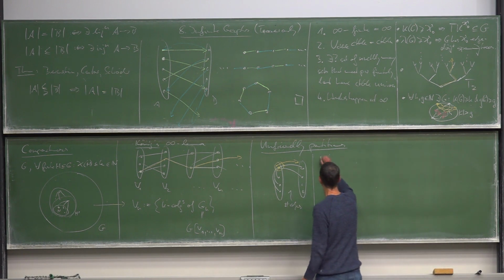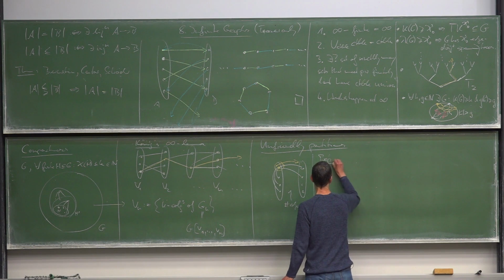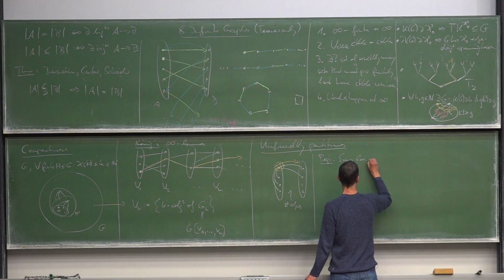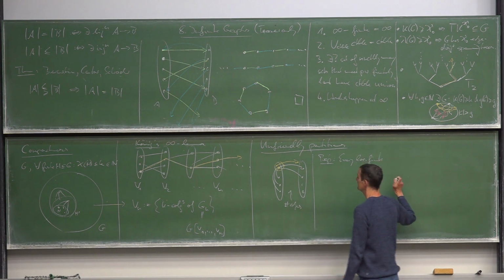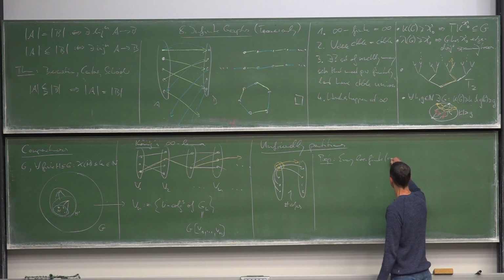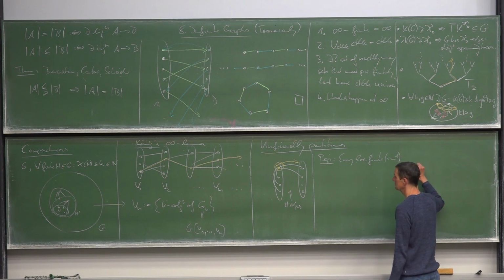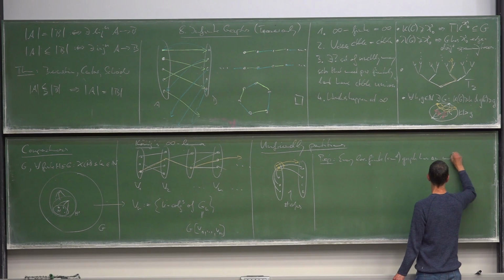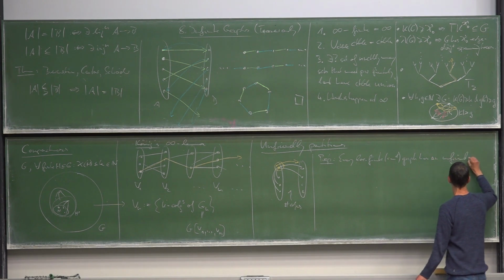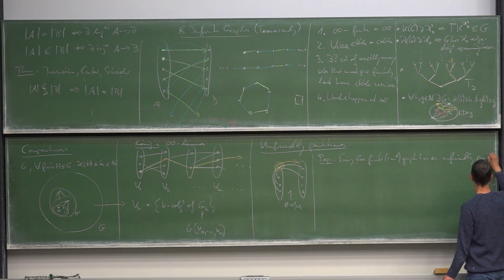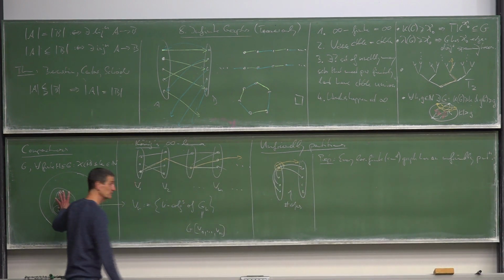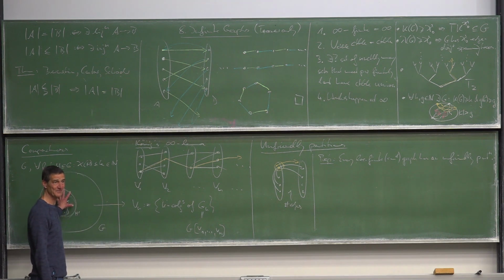So proposition, every locally finite, let's say connected to make it countable, graph has an unfriendly partition. And we're in the same situation as here. So for every finite subgraph, we know there is such a partition.